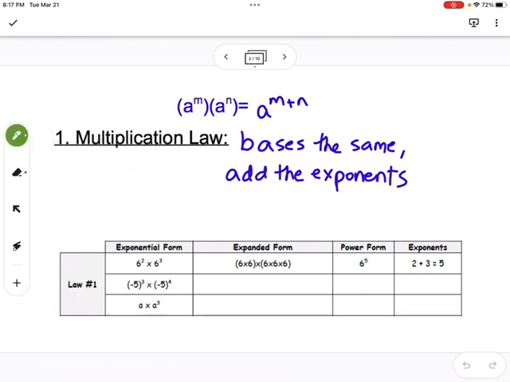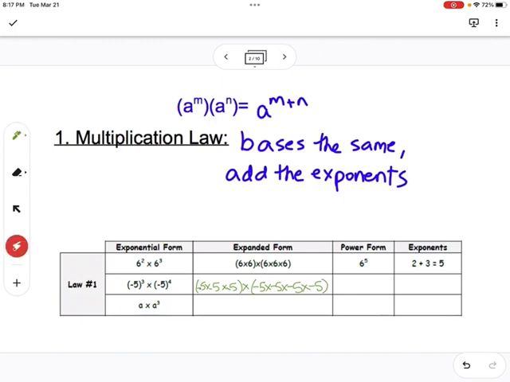Okay, so the next example is negative 5 to the exponent 3 times negative 5 to the exponent 4. So that is negative 5 times negative 5 times negative 5, and then we have times negative 5 times negative 5 times negative 5 times negative 5.